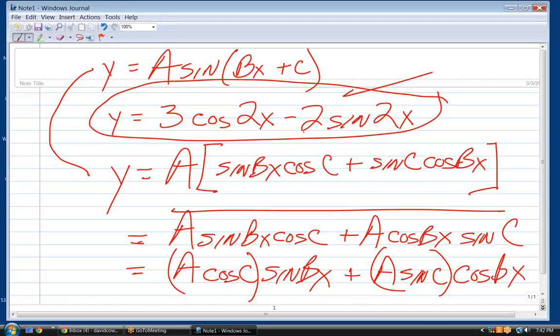Except there's a negative sign there instead of a plus sign, which means that that's okay. In other words, if I had that, it would result in this.